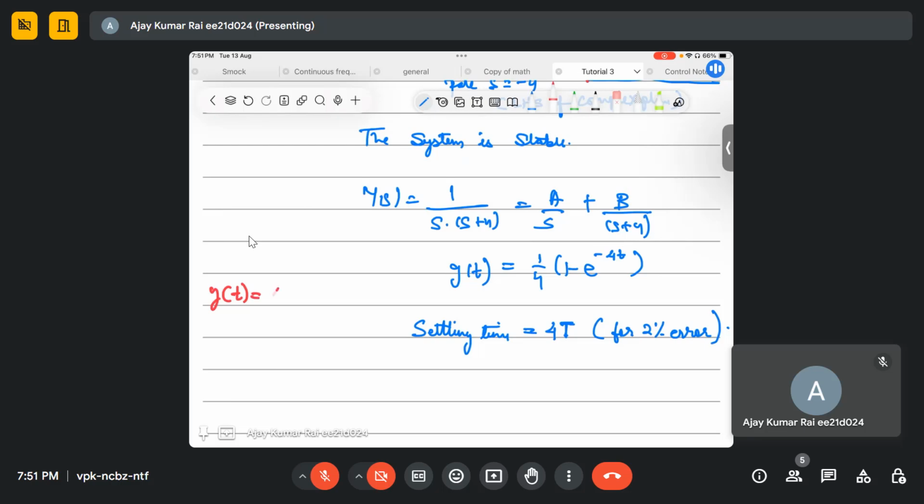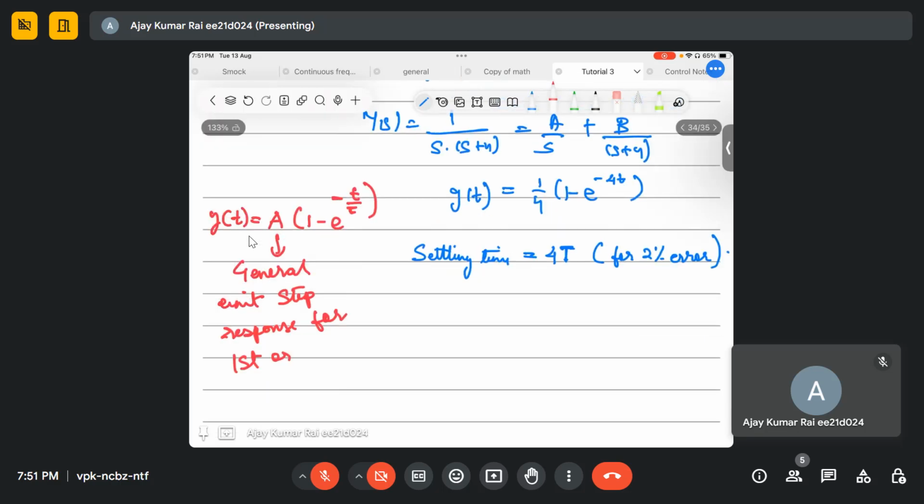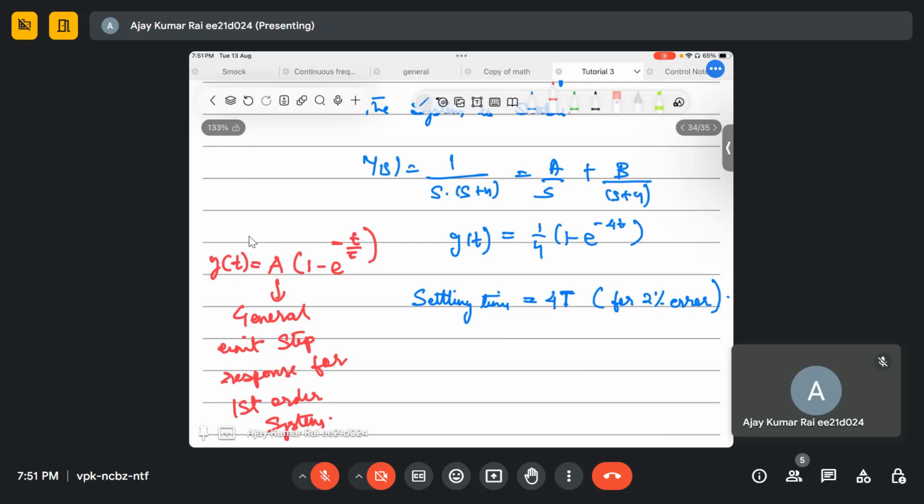We get something like this: a coefficient times (1 minus e to the minus t by tau). So this is the general unit step response for first order system. Here, just looking at this equation, tau is what? 1 by 4.